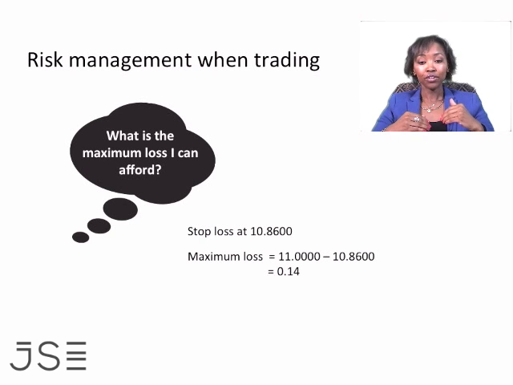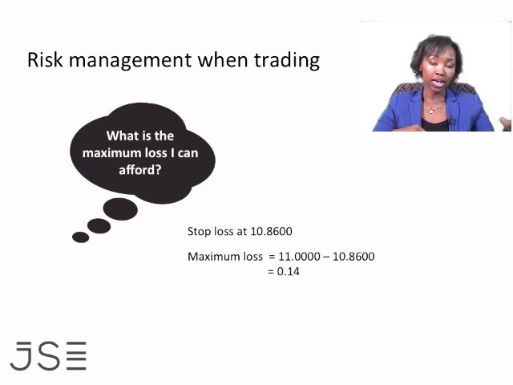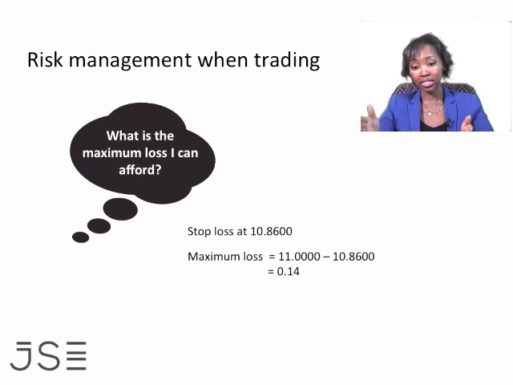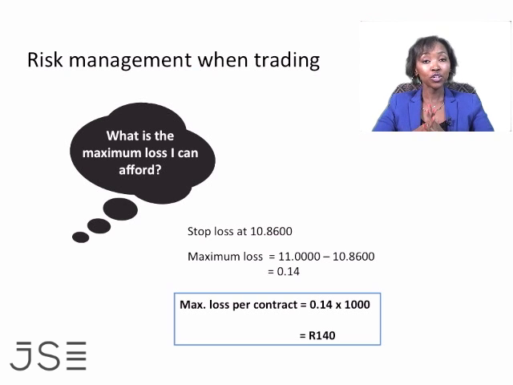So what does that mean? It means if you're putting 10.86 as your loss level, your maximum loss if you've bought your contracts at 11, you take 11 minus 10.86 is 14 cents, right? So which means that your maximum loss per contract, you multiply that 14 cents by 1,000, gives you 140 rands as your maximum that you can afford to lose per contract.